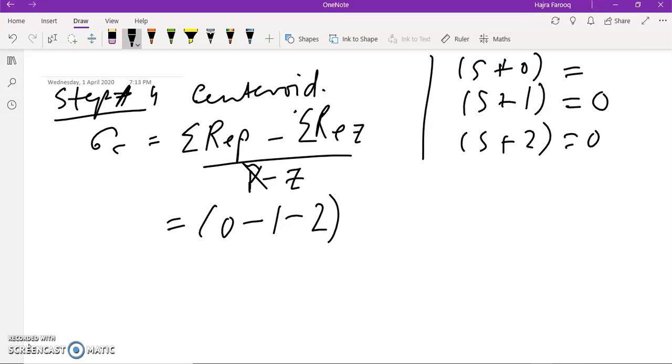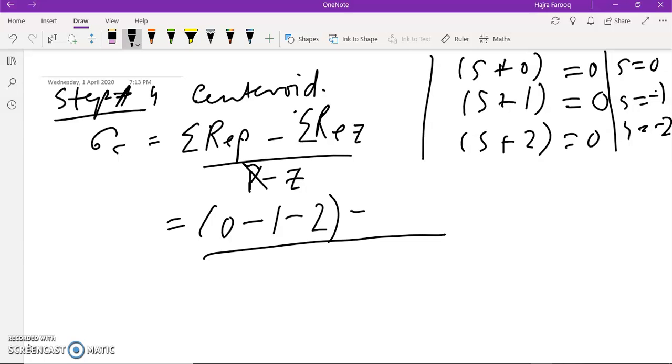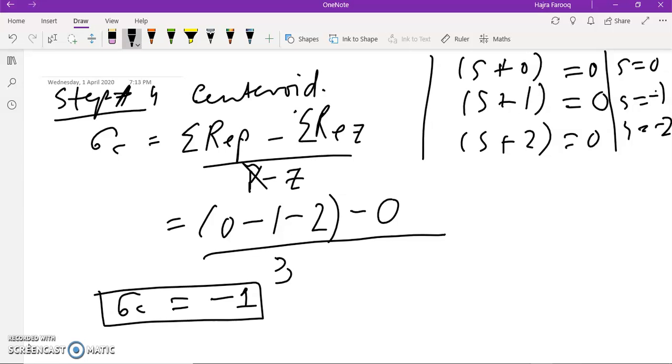You have to substitute it like this, so s is equal to 0, s is equal to -1, s is equal to -2. You have substituted these in place of the poles, and then we have 0 zeros, and then we have 3 here. So our answer will be -1. That is, our centroid is this.